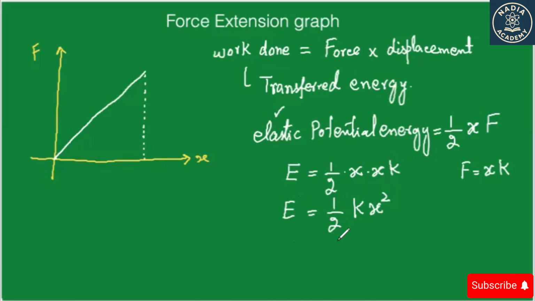So here we have a material and we are applying an external force to extend it, keeping the system in the elastic limit. Within the elastic limit, we will have the right value of the elastic potential energy stored in the system.